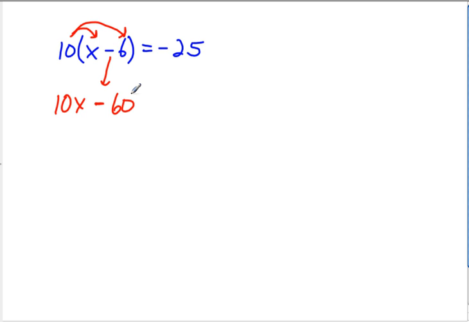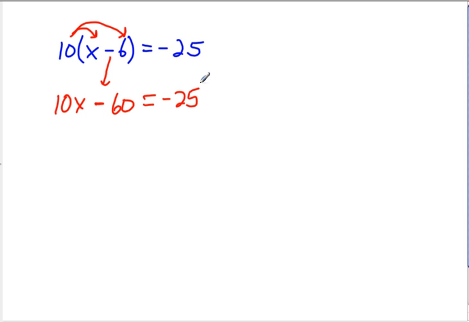The only time that won't work is if this is a negative 10, because then we get negative 10 times 6 is negative 60, and we'll have a minus, a negative. But for now, you can just bring the negative sign down and then just do the 10 times 6. We get 10x minus 60 equals negative 25.